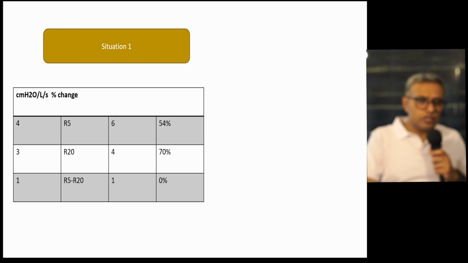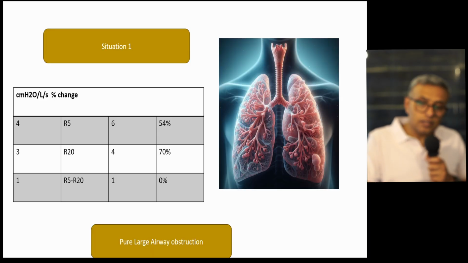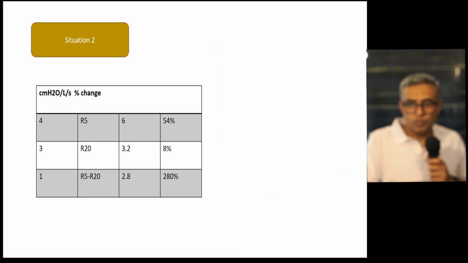And we'll have one situation where the R5 is increased by about 54% and R20 is increased by 70% and R5 minus R20 is 0. So this is more like a central pure large airway obstruction. In situation 2, you have R5 increased whereas R20 is almost normal, whereas R5 minus R20 is greatly increased.